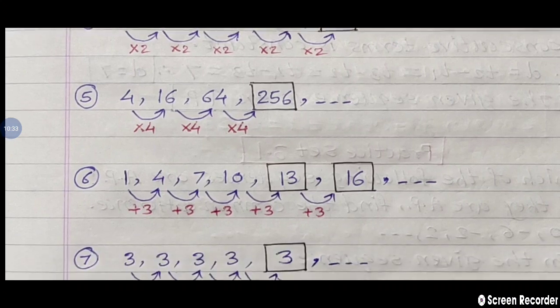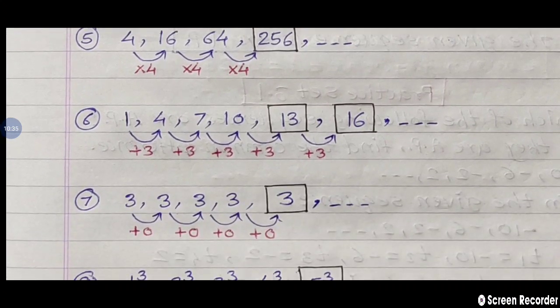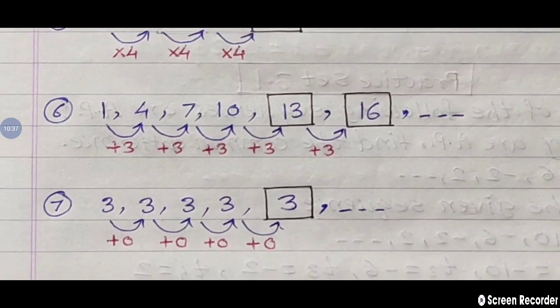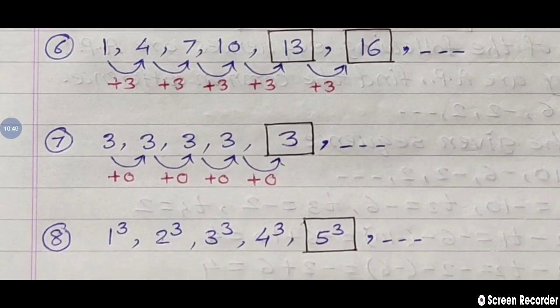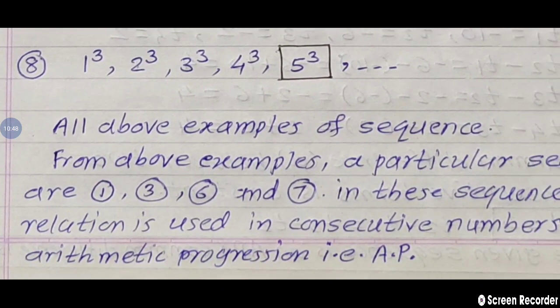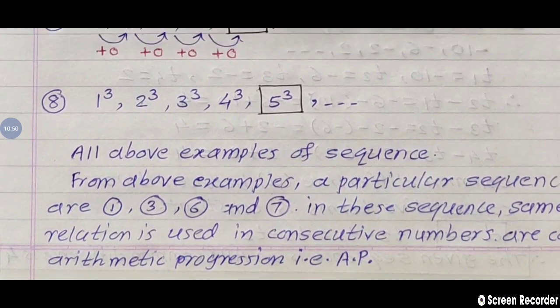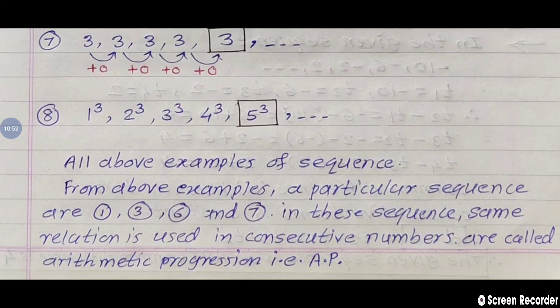In the sixth example, addition of 3 to obtain the next terms. And in example number 7, we are making the addition of 0 to obtain the next terms, 3, 3, 3, like that.